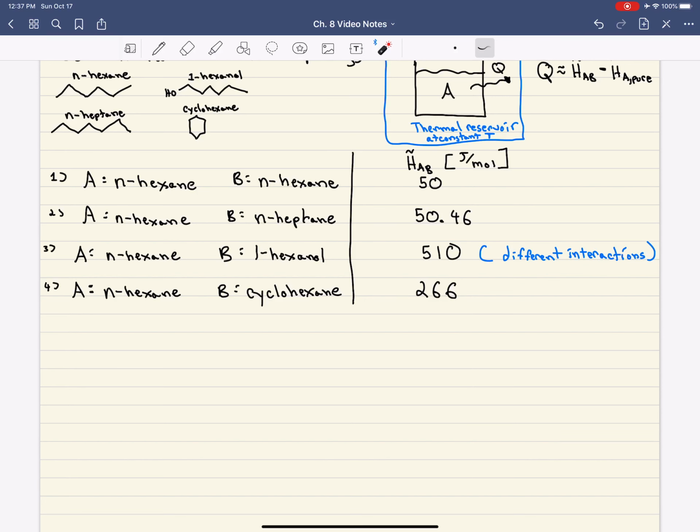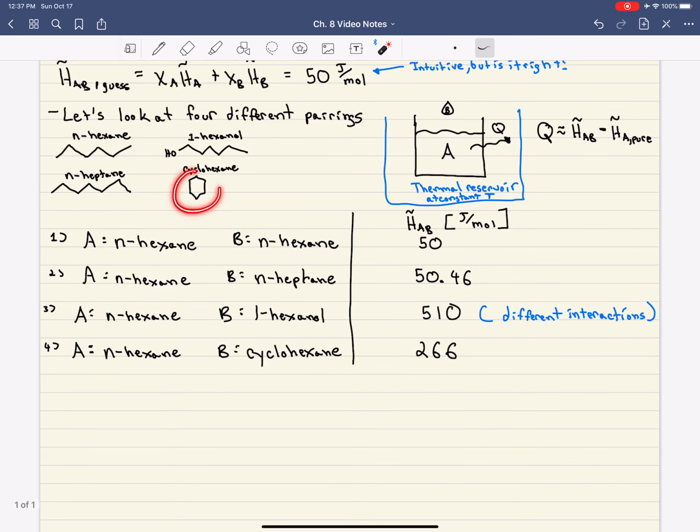And the reason for that is that even though the cyclohexane is made up of carbons and hydrogens, the molar volume of cyclohexane, because it's a ring, is much different than the molar volume of N-hexane. When the cyclohexane is pure, the molecules are able to arrange in such a way that it helps minimize the energy that each molecule feels. But if you start adding cyclohexane to N-hexane, these two molecules take up different sizes, and so the cyclohexane can't arrange itself as well as it would want to.